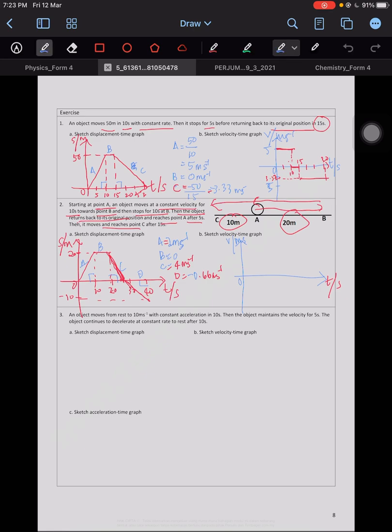So first part, 2 meters per second. Remember here there is negative. So 2. Then you have 4.